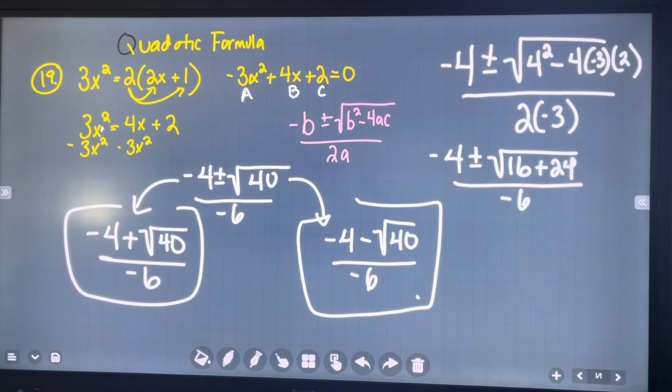Yeah, but we got positive. No, because look. Remember, the formula starts off with a negative B. Yeah, and I made it negative because they cancel out. Where's your initial equation? Right here. And where's the other side?